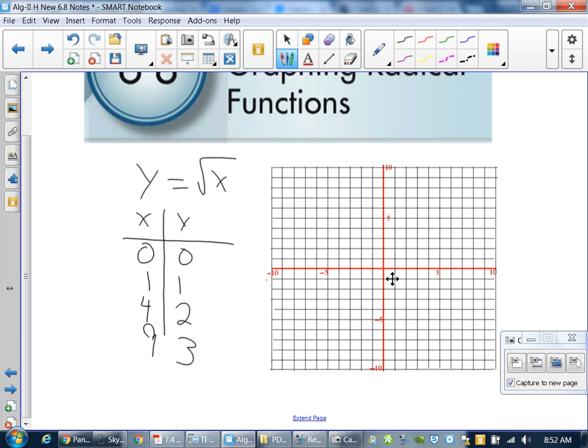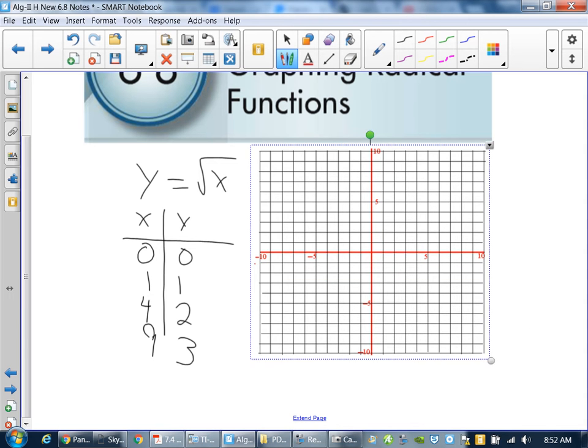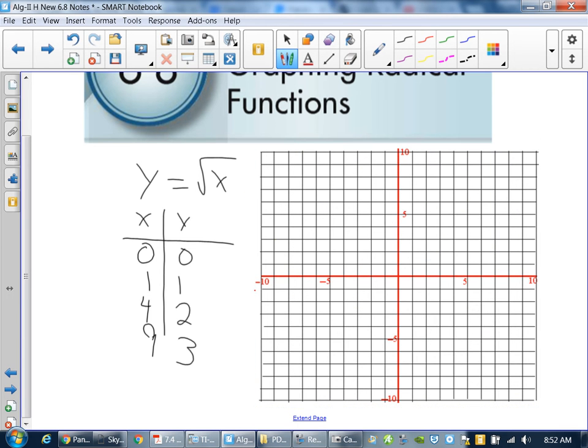So on a piece of graph, and I actually have some graph paper here for you, I'm just going to start this right now. The generic form of a square root function is 0, 0, 1, 1, 4, 2, 9, 3. And it always has this curve to it. A square root function will always look like that.